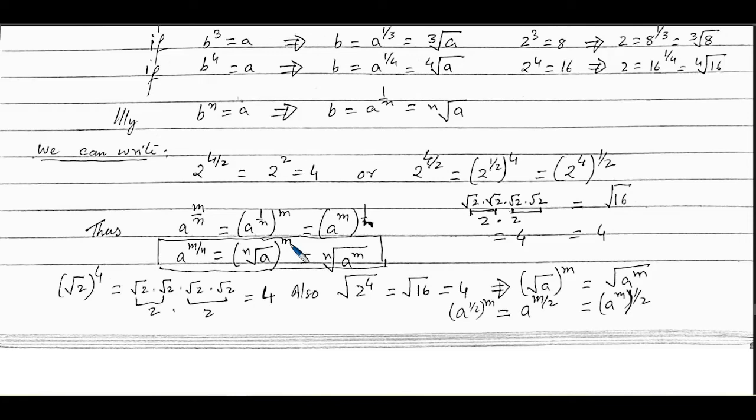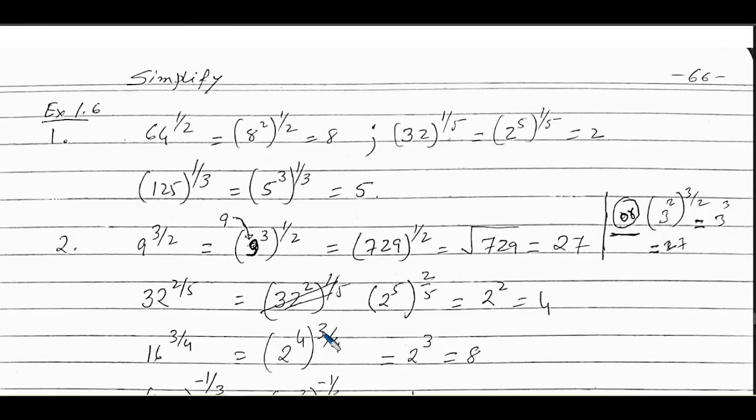So if I take m first, a to the power m into 1 by n, so a to the power m is this, then nth root of, so both are same. So that means I can bring this m inside also. So here maybe I have done something to explain it. Go through all this, some exercises.